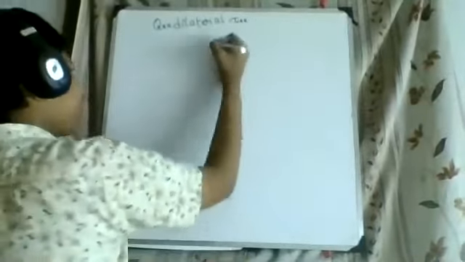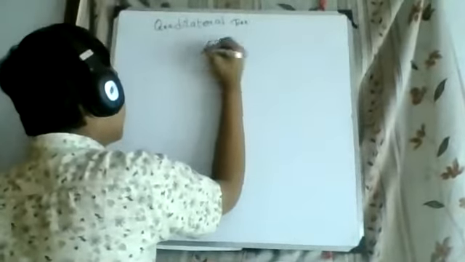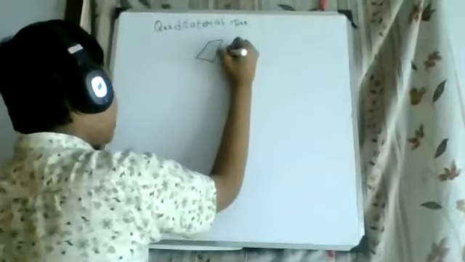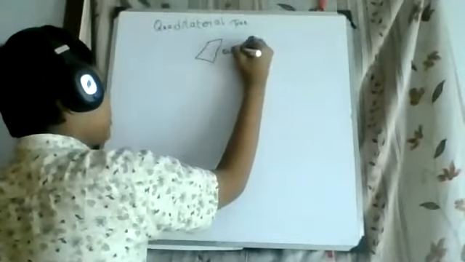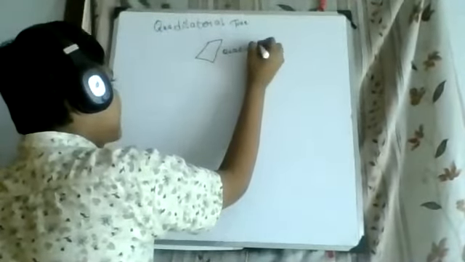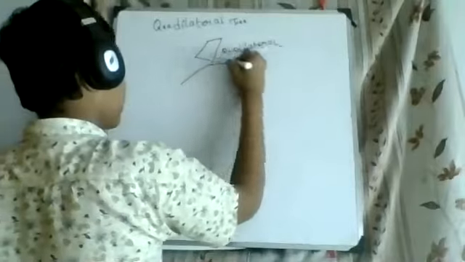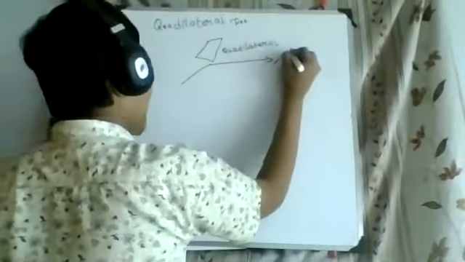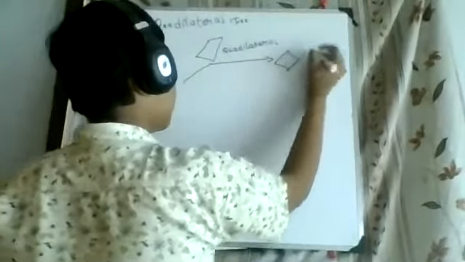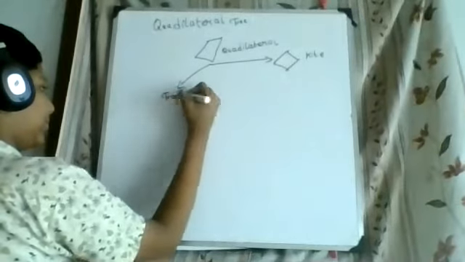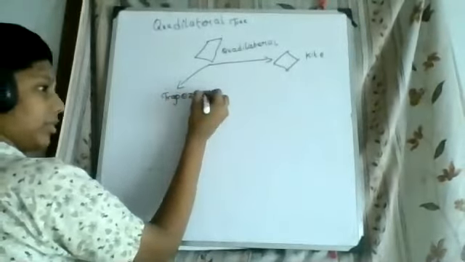See, first comes the quadrilateral. This is a quadrilateral. From that, it is divided into two. Here we will have kite, and here we will have trapezium.